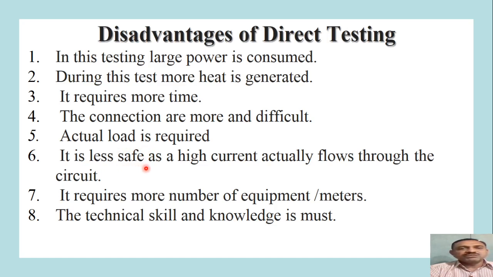This kind of testing will be less safe as when motor operates at its rated condition, there will be high current flowing through the circuit. So safety must be properly ensured before we conduct this test. This particular method requires more equipment and meters, as we have just seen in the circuit diagram or connection diagram. The person who is doing this testing needs to have the technical skill and knowledge. So these are certain disadvantages of direct testing.